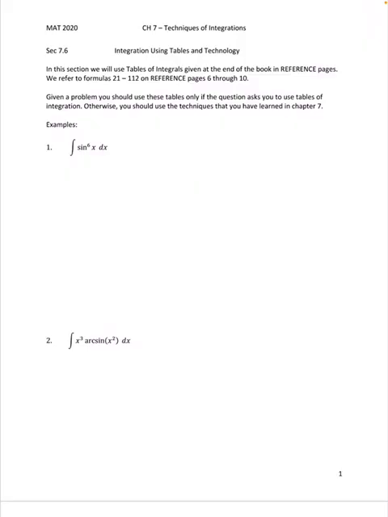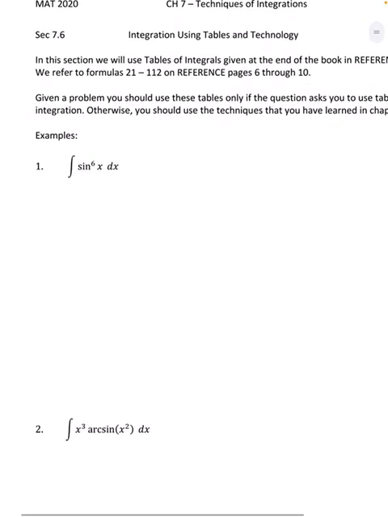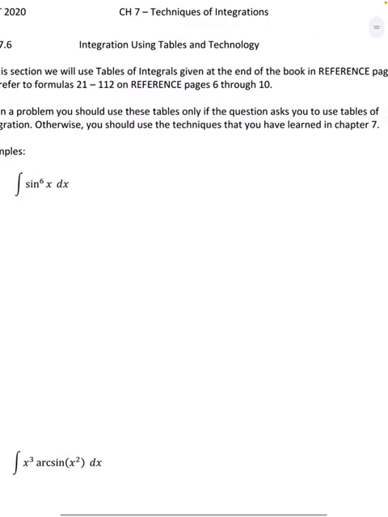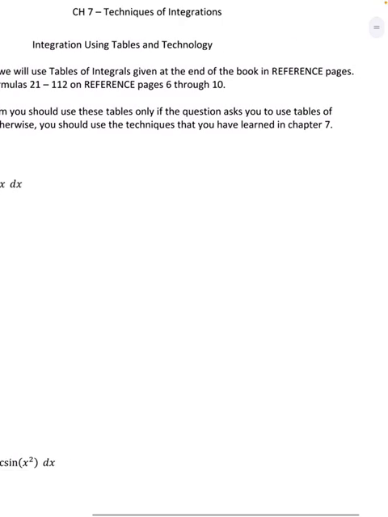So for example, if you have sine raised to the power 6 of x, now I already explained, whenever you have a sine x function or a cosine x function in the integrand, and you have an even power, you can use the half angle formula.